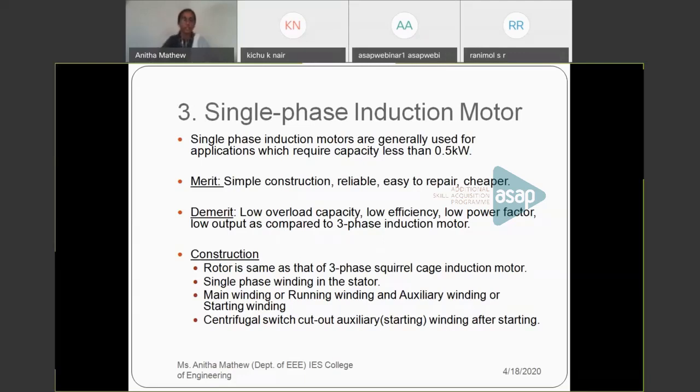Here you can see the rotor is the same as a squirrel cage induction motor, and single phase winding is in the stator, but in the three phase induction motor, three phase winding is provided.